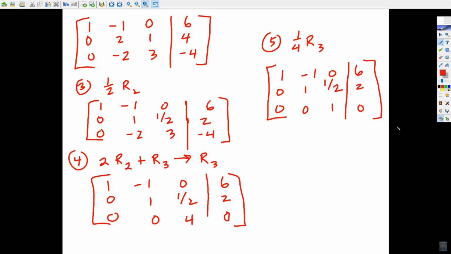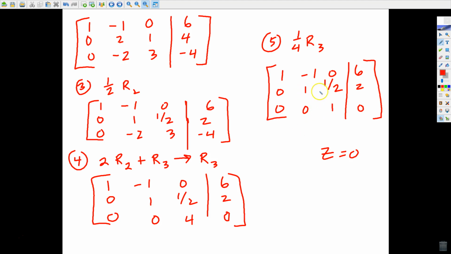Okay, we're there. So now we can do backward substitution. We know what Z is. What is the solution for Z? Because this equation, if it were a system, this bottom equation would be Z equals 0. What would the middle equation read as if we just lifted that line out? It would be the second equation in a system.